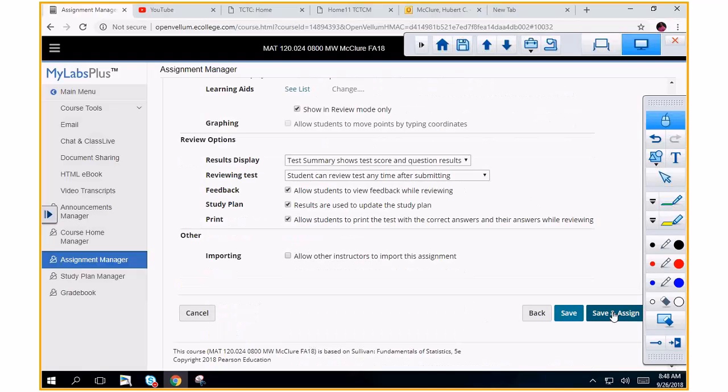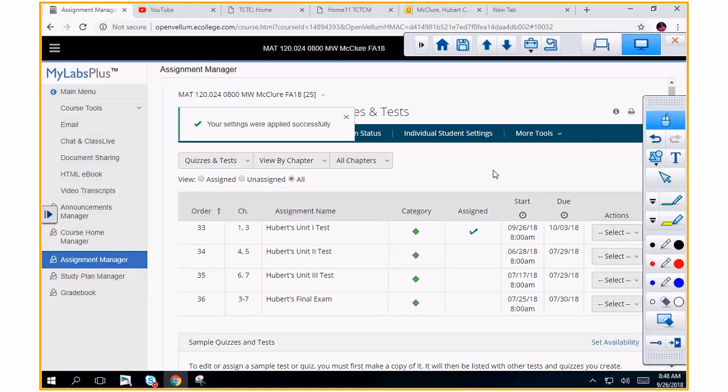Save and assign. Boom! Now everybody knows. And it's even on MyLab Plus. There it is right there. Start date, due date, and when you click on it, it gives you more information about the test.